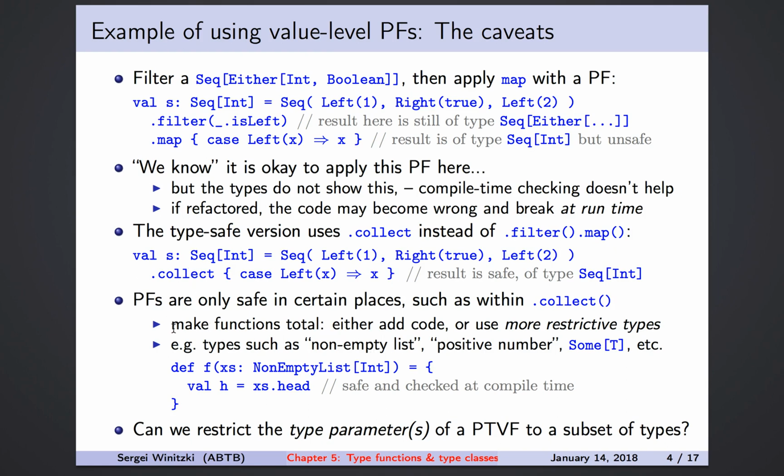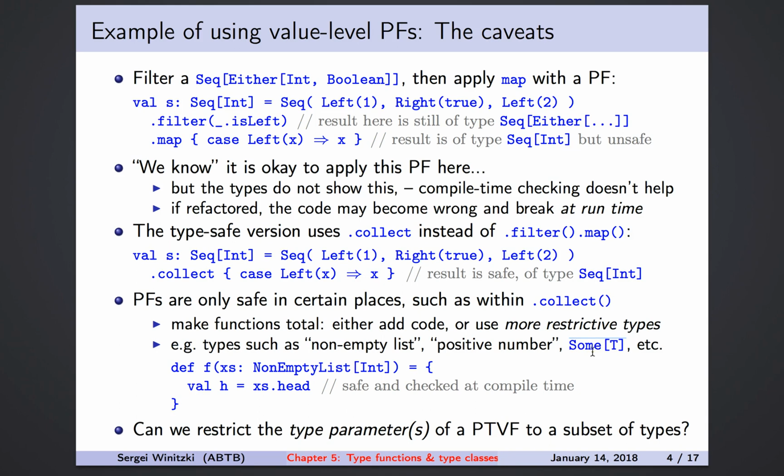So usually we make functions total. We either add more code to handle other cases, or we use more restrictive types so that we know that this is not just an Either, it's really always Left. In other cases, for instance, there are types such as non-empty list or positive number or even this. This is a subtype of Option, and if you have this, then you know it's not empty.